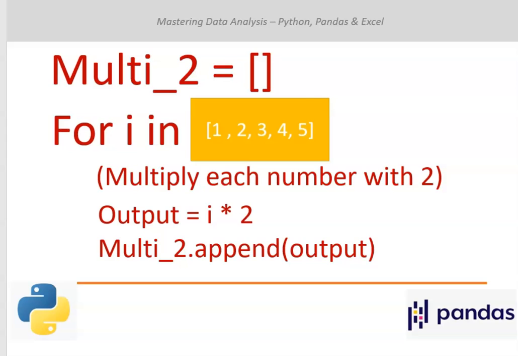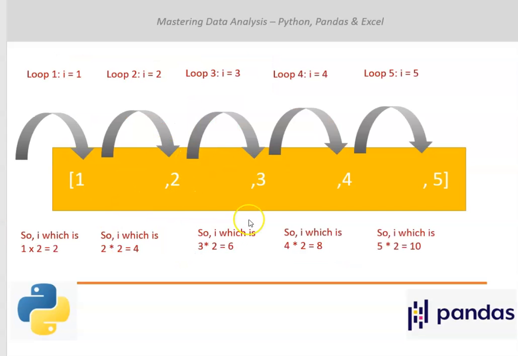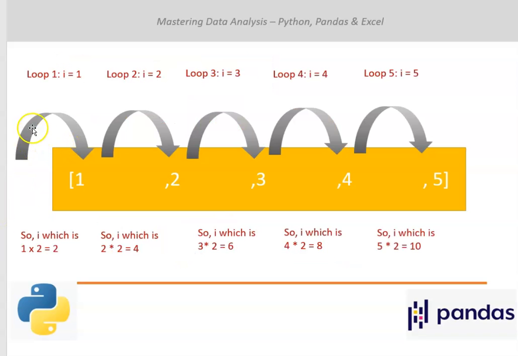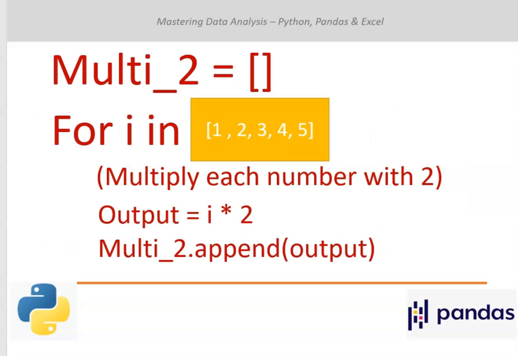Let me better explain this with this short diagram. When we say for i in this list of 1 to 5, what it literally means is Python goes first loop, i is equal to 1. So if i is 1, then i into 2 is equal to 2. And this bit here is equivalent to this bit here.